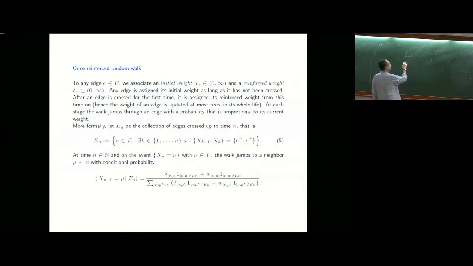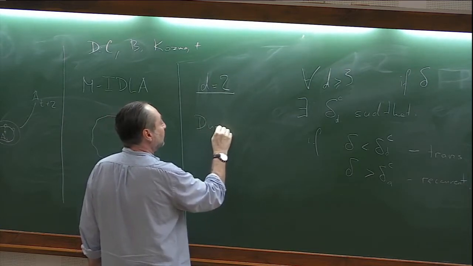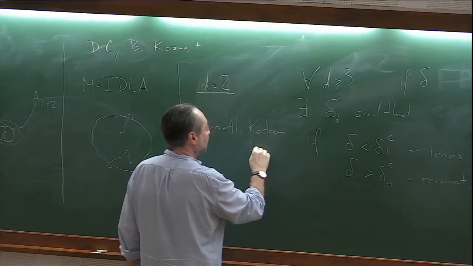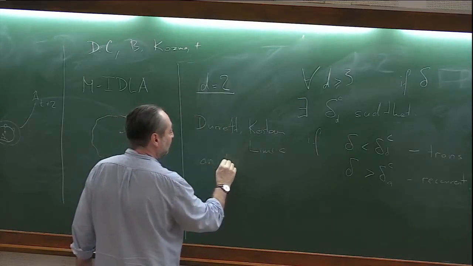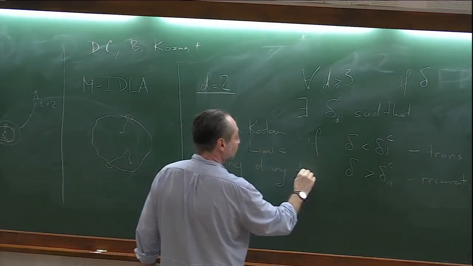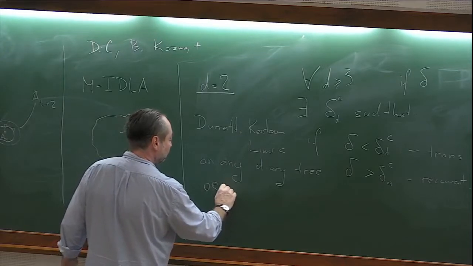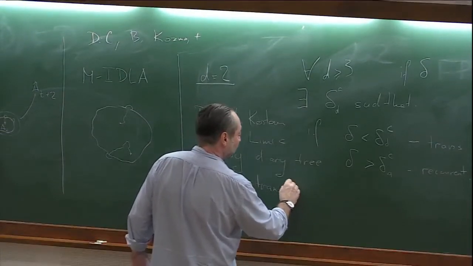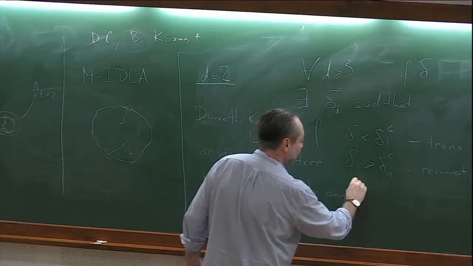But there is a quite known article by Durrett, Kesten, and Lamperti, which says that on any d-ary tree, once reinforced random walk is transient for any delta.